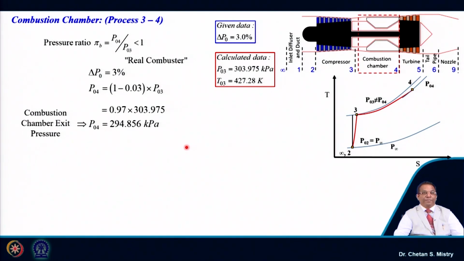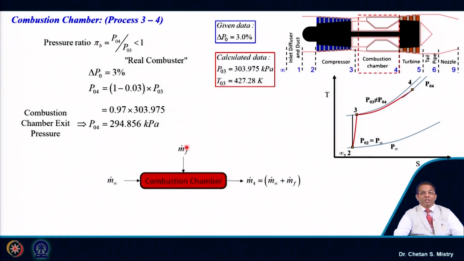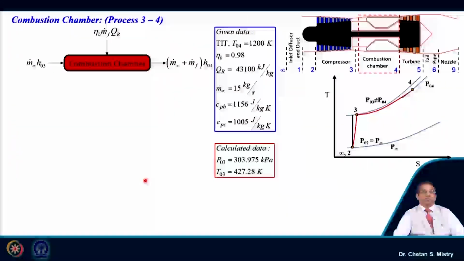Now, in order to calculate the temperature, just think of how we start. Here in this case, we have the information about the turbine entry temperature. So, we will put our block diagram here, and from this block diagram you can do your mass balance and also your energy balance.